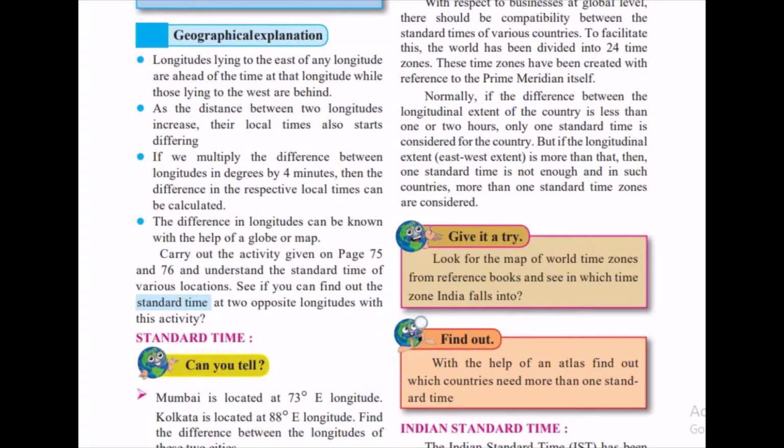If we multiply the difference between the longitudes in degrees by 4 minutes, the difference in the respective local times can be calculated. The difference of longitude can be known with the help of a globe or a map.